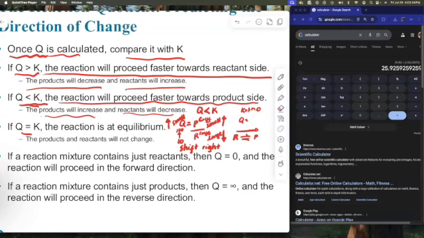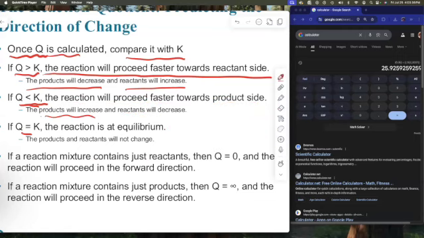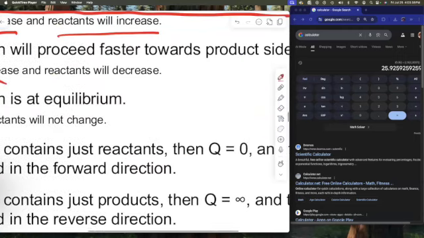Okay, so what if we have scenario 3 or bullet point 3 where Q is equal to K? Since I told you guys before the goal was to be at K, the equilibrium, in this case, K is 100 and then Q is 100. So what do we do? Nothing. We have arrived at our destination.